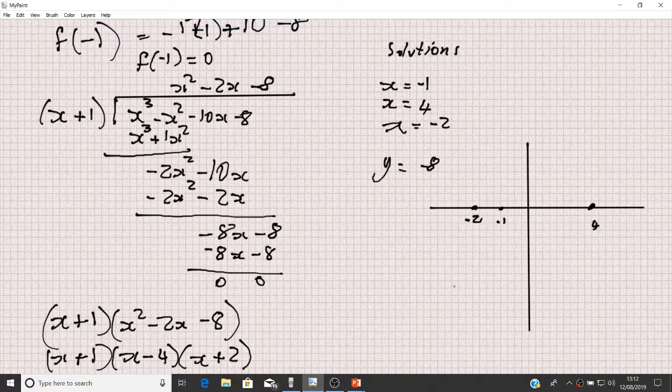So we're going to look a bit like this. There's the y-axis. We label the intercept negative 8 and label the x-axis. Okay, that completes our sketch of the cubic.